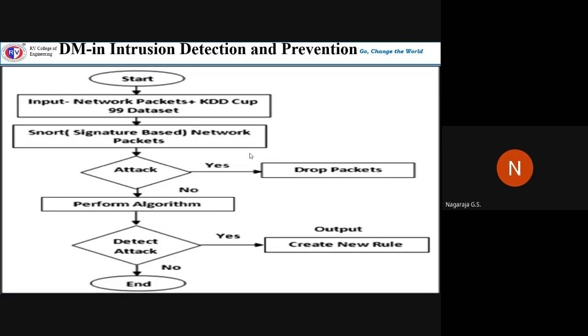That's how we identify when to drop a packet, or whether the packets have any attacks even after intermediate movement of data from one network to another, or from one node to another.